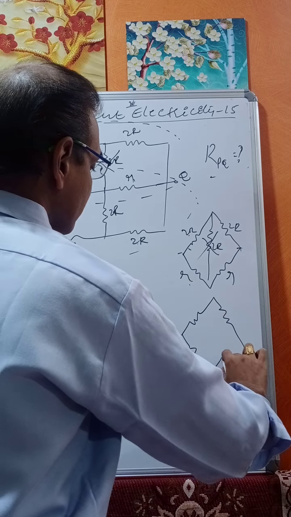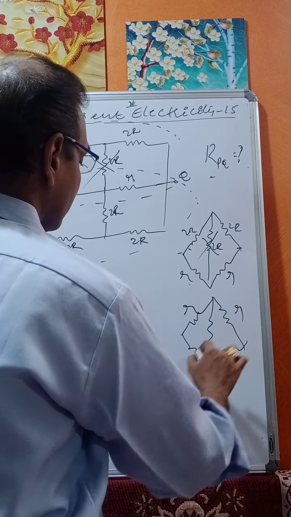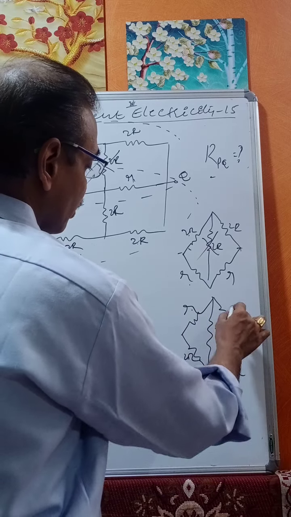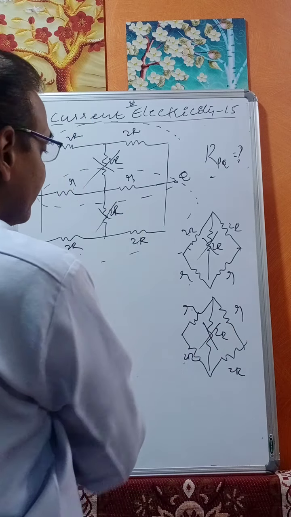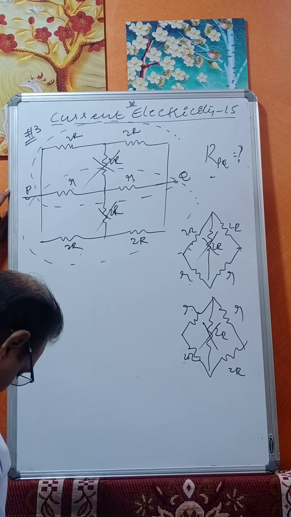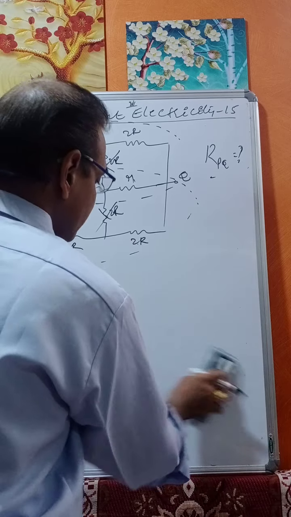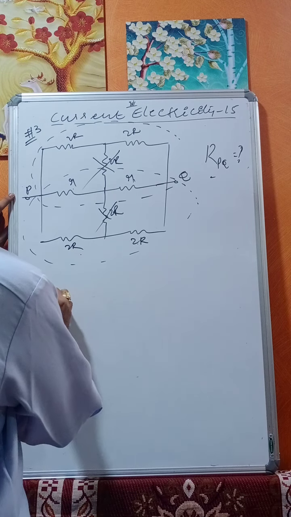This is R, this is R, this is 2R, this is 2R. R by 2R is equal to R by 2R, so this can be neglected. Now how does the circuit become? Now the circuit becomes like this.